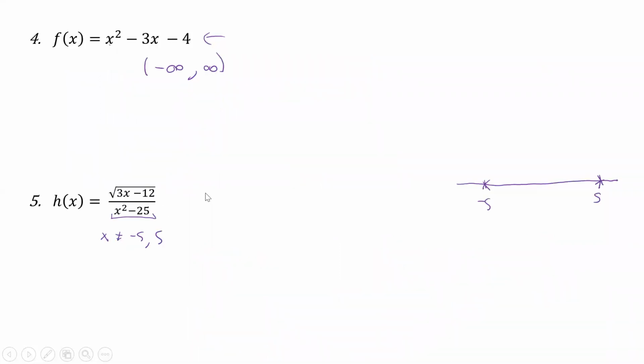So the numerator, what it said to do was take what's under the radical, the 3x minus 12, set it less than or equal to 0, and solve for x. So we'll add 12. So 3x is less than 12, divide by 3. So x is less than 4. And what this means is anything less than 4 we can't have.